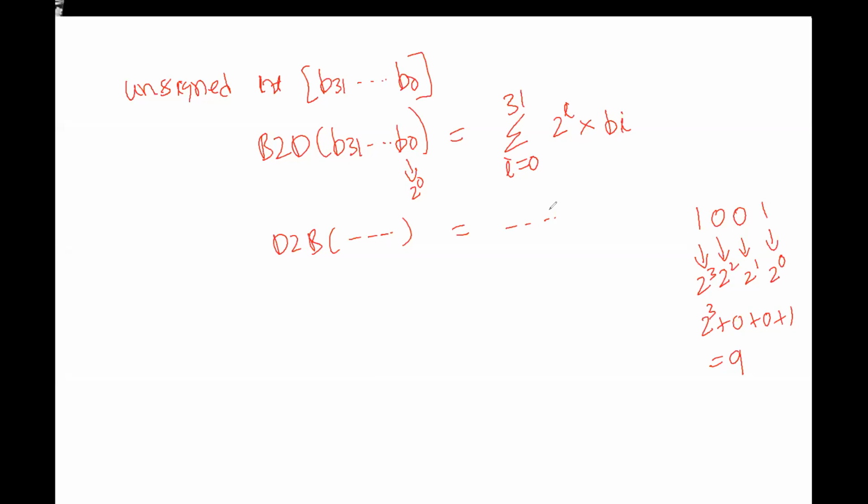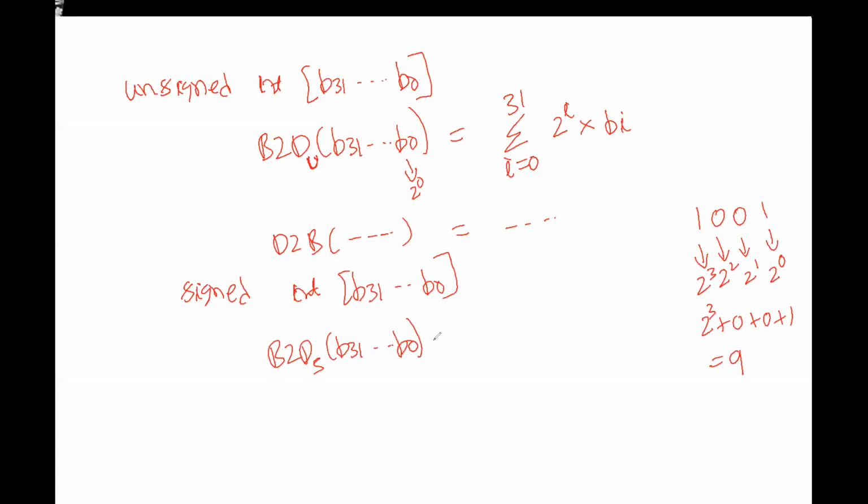Yes, sir. So now let's look at signed representation. Let me use the subscript u for binary to decimal, indicating this is unsigned, and we will have another function binary to decimal with subscript s to indicate it is signed.